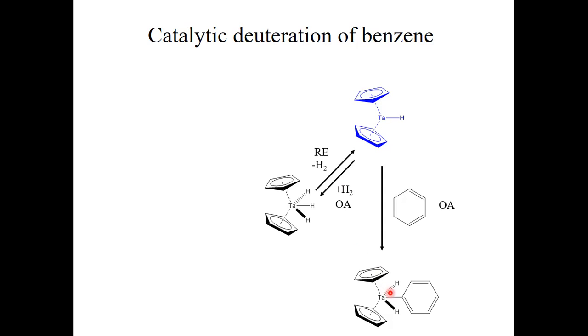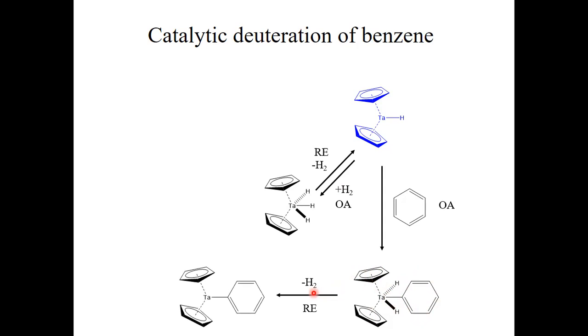Why? Because the phenyl ring counts as an anionic ligand with a 1- charge. We cleave this tantalum-carbon bond heterolytically, the 2 hydride ligands have one negative charge each, and the cyclopentadienyl rings also have one minus charge each.